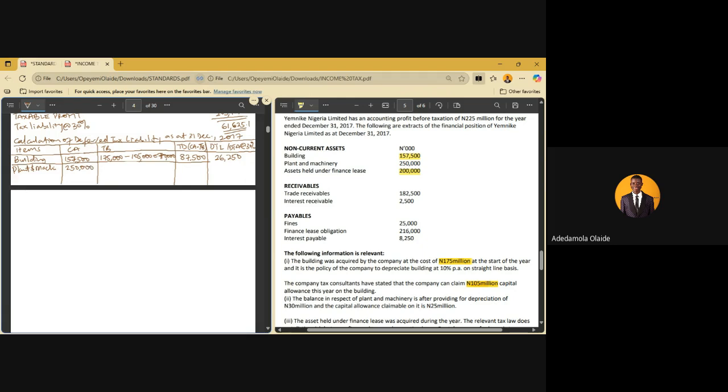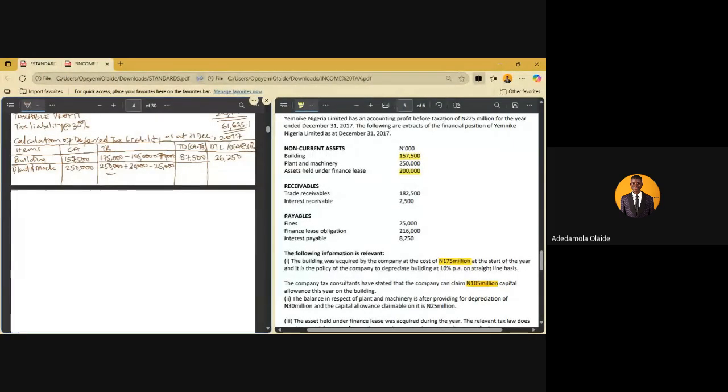For the tax base, we don't know what it is, but they told us that the balance we have here of 250,000 is after they have charged depreciation. So if we add the depreciation of 30,000, it will give us back what the cost of the asset should be. Then we deduct the capital allowance of 25 million to give us what the tax base should be. Do we understand?